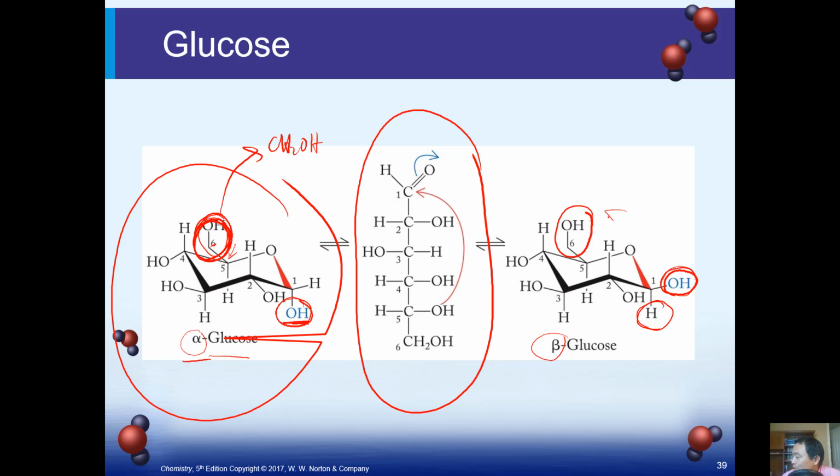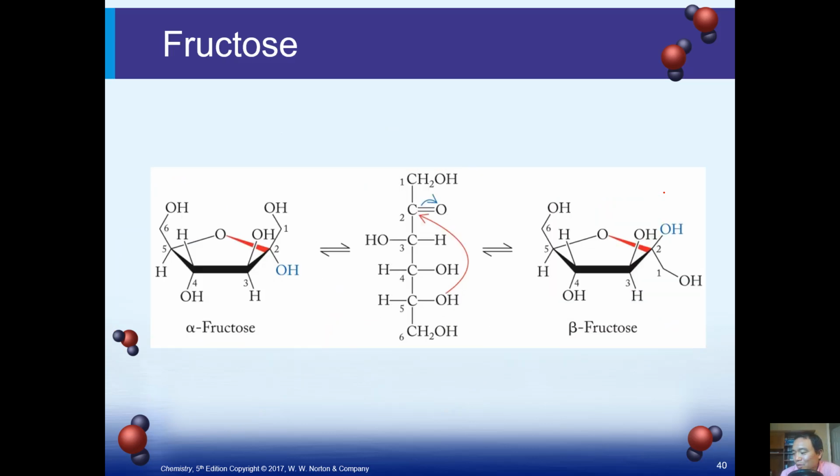When you look at the relationship between this OH and CH2OH, they're on the same side. If it's on the same side, it's called a beta glucose. If you're wondering why we call one alpha, one beta, that's how that works. This next example is fructose. As you can see, compared to this CH2OH group and OH group, if the OH is on the carbon that is connected to that oxygen.